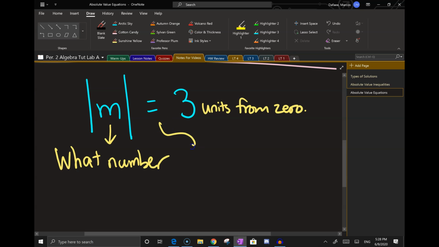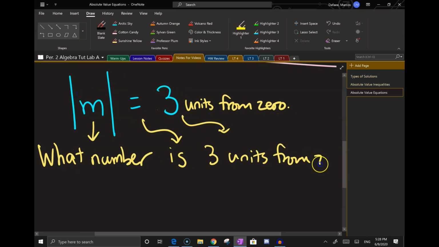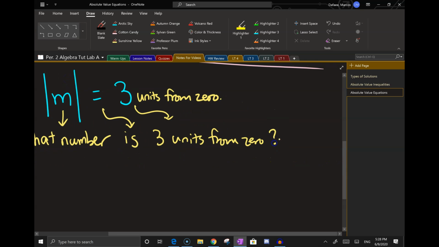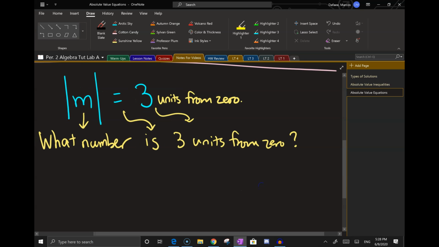What number, and then the equal sign becomes the word is. So what number is 3 units from 0? All this simply completes our question. Let's put a question mark on this so it's official. So now we have a question that is asking, what number is 3 units from 0?